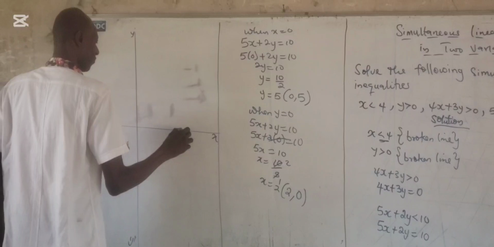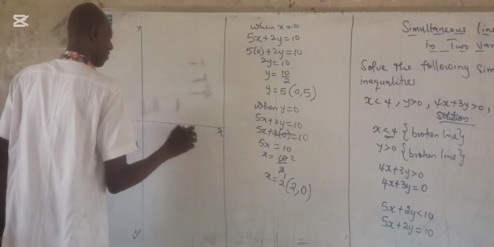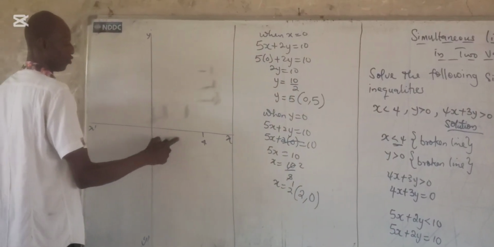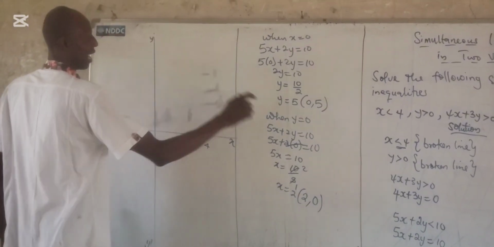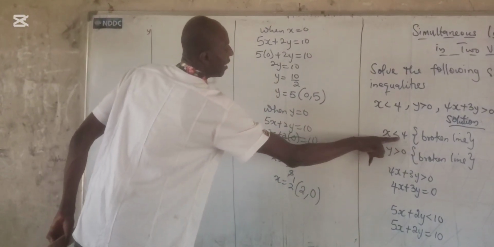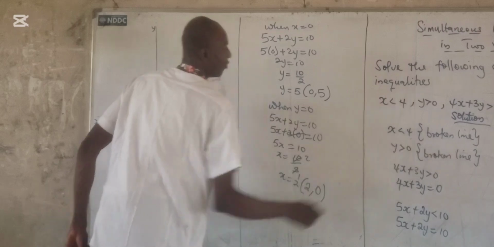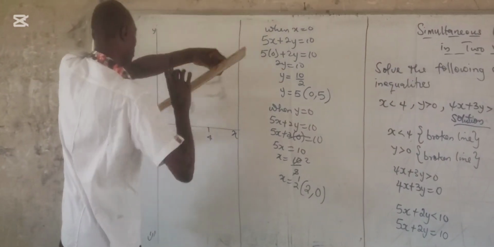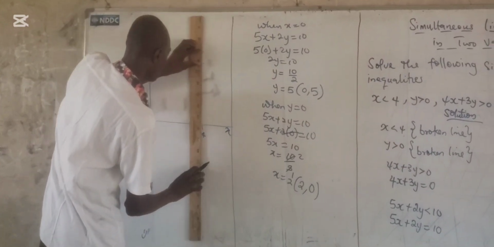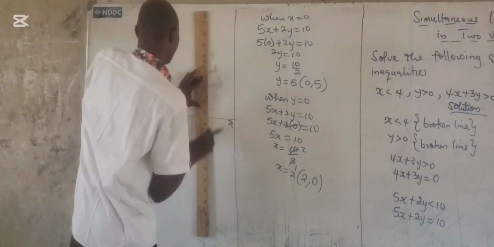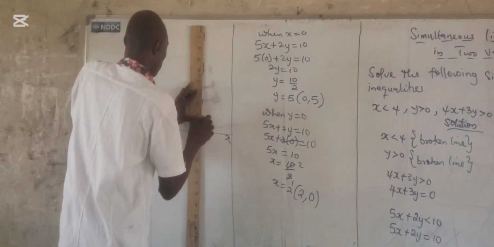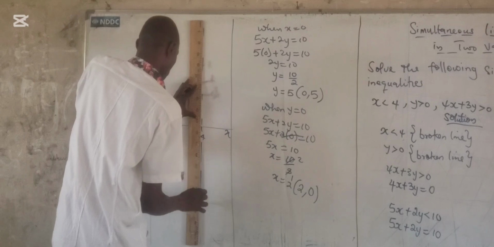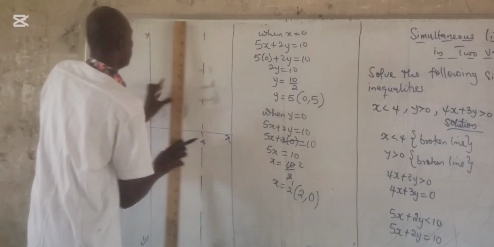So we can write your 4 here. If you have graph, it's calibrated 1, 2, 3, 4. Now, it's less than 4, so we are going to represent it with a broken line. You draw it with a broken line on 4.